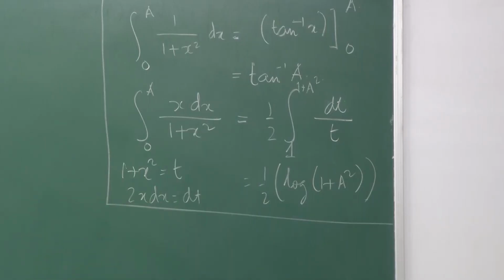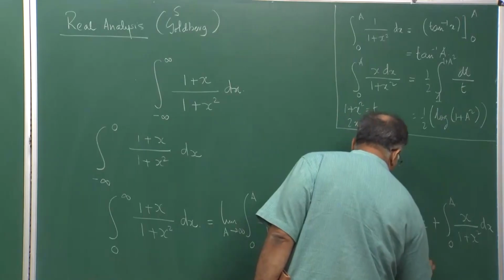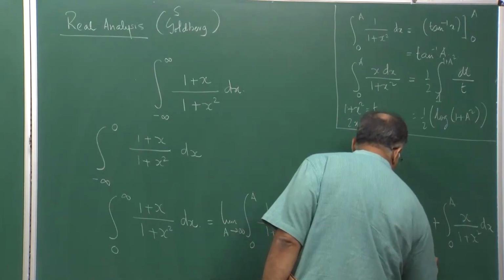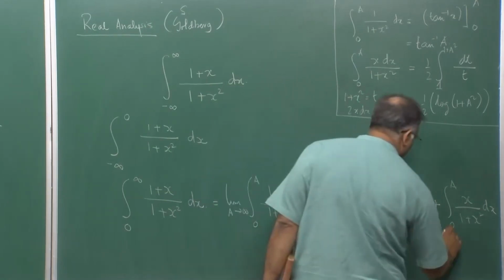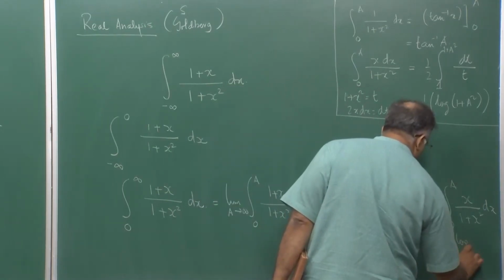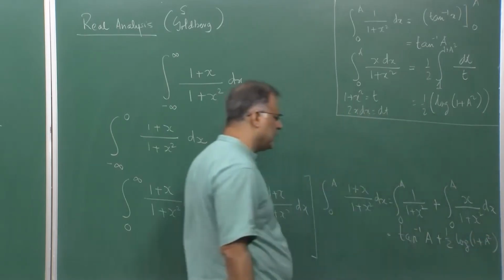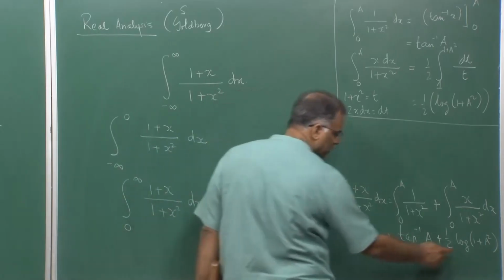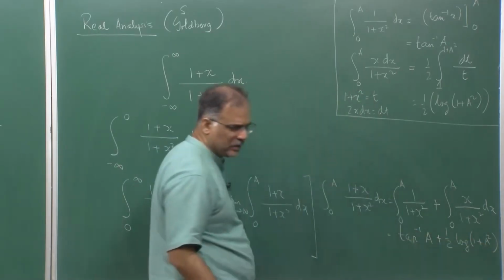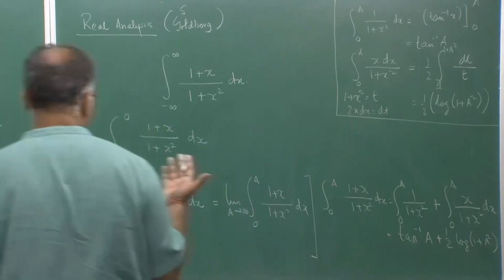So, now this simply means that I have here tan inverse of a plus half log of 1 plus a square. As a goes to infinity, if I take the limit of this, 1 plus a square is also going larger and larger, and the log value is going towards infinity.